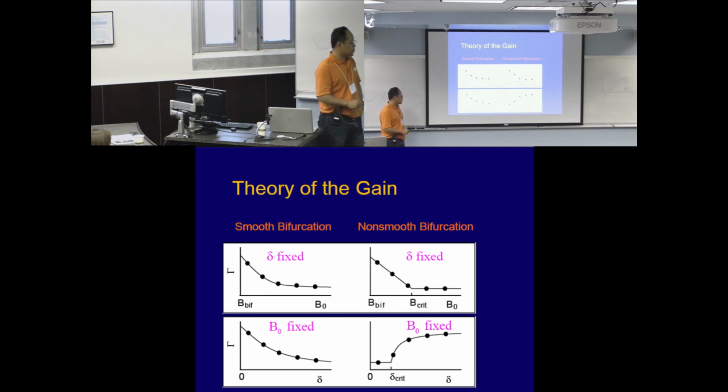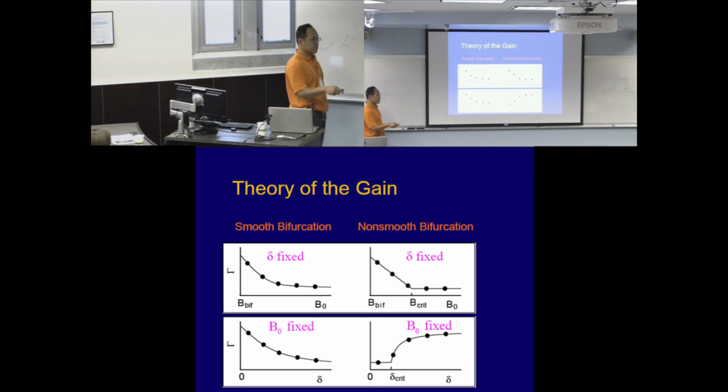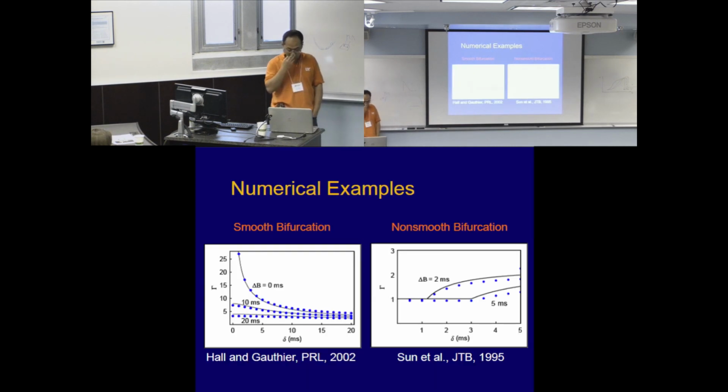However, if we now fix the baseline BCL and change the perturbation size, we're going to see a qualitative difference between smooth and non-smooth bifurcation. Therefore, this qualitative trend change will be a useful tool for you to distinguish the two types of bifurcation.